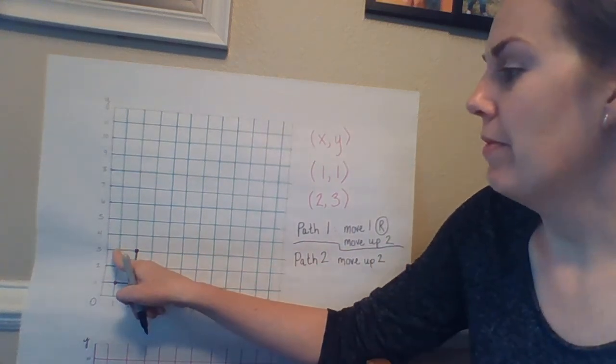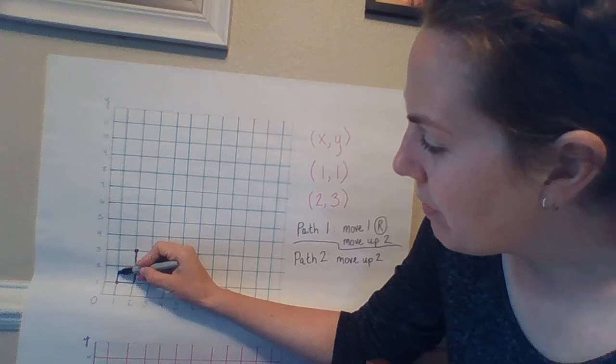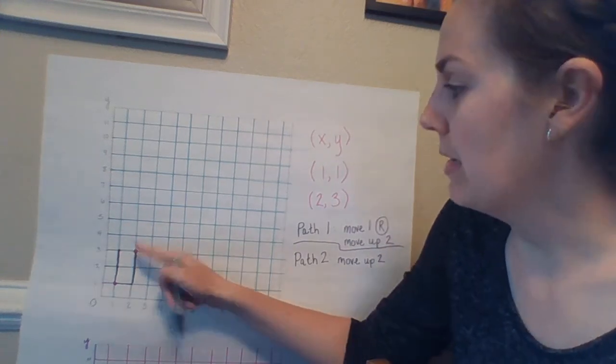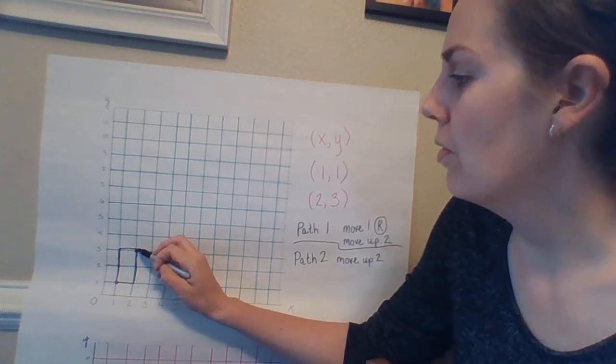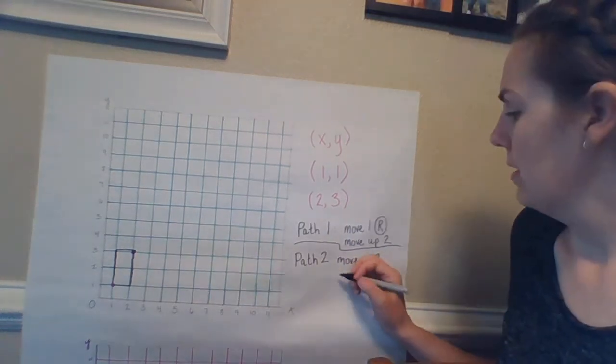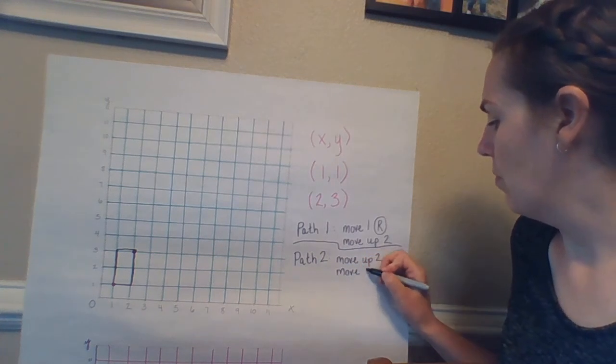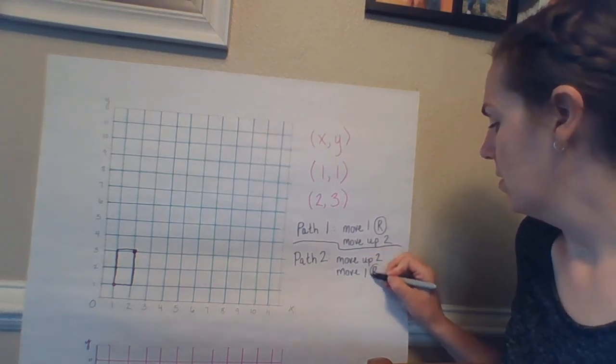And then if I went up 2, that would bring me here. And so then to get to my dot, I would move over 1 to the right. So I'm going to write that as my direction, move 1 to the right.